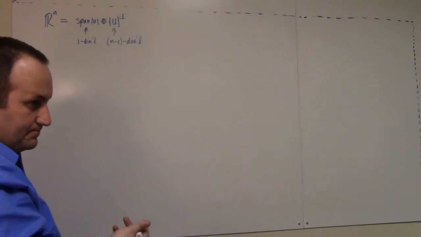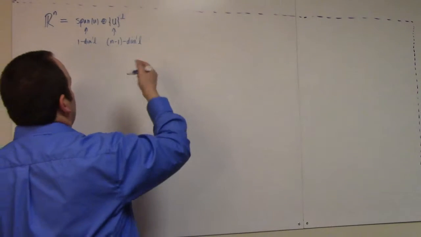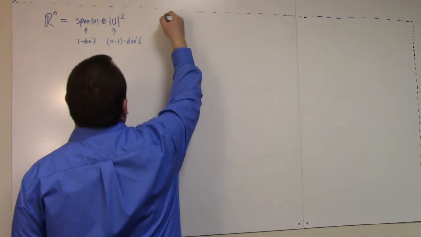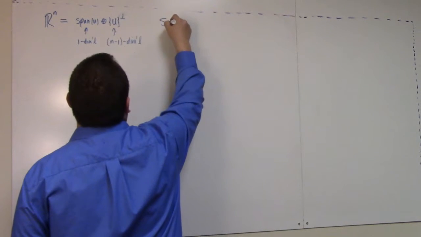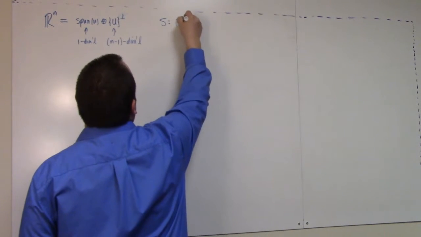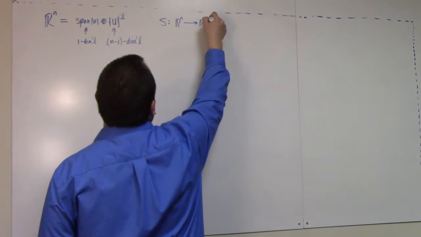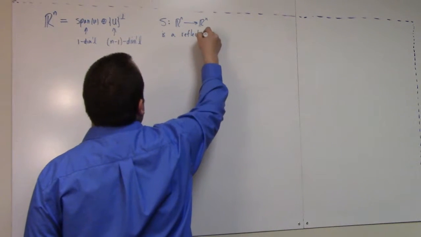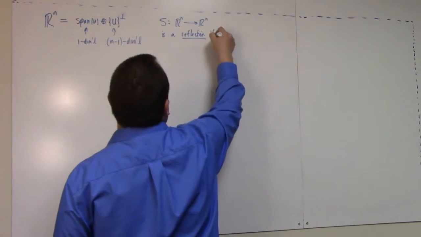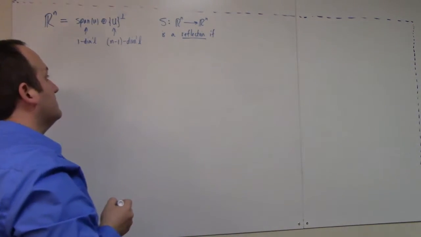A reflection, right, would be what? Let me use a different letter. Let's say S is a mapping from Rn to Rn again, is a reflection of what? What do we insist on?